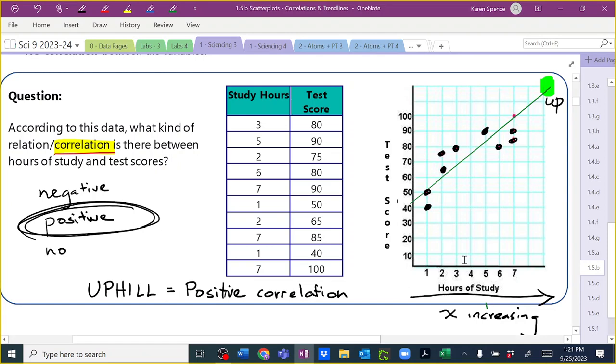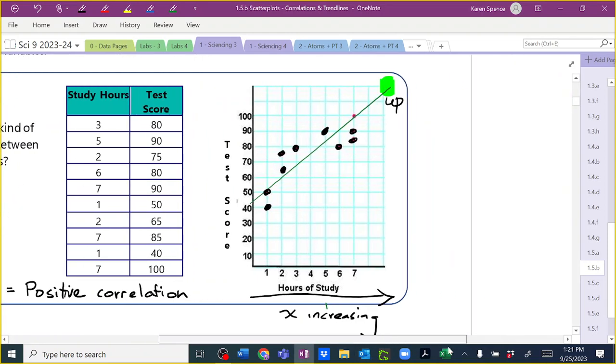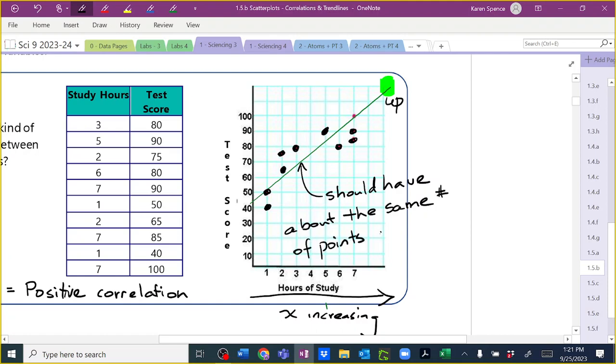Okay, so we should have about the same number of points above and below.